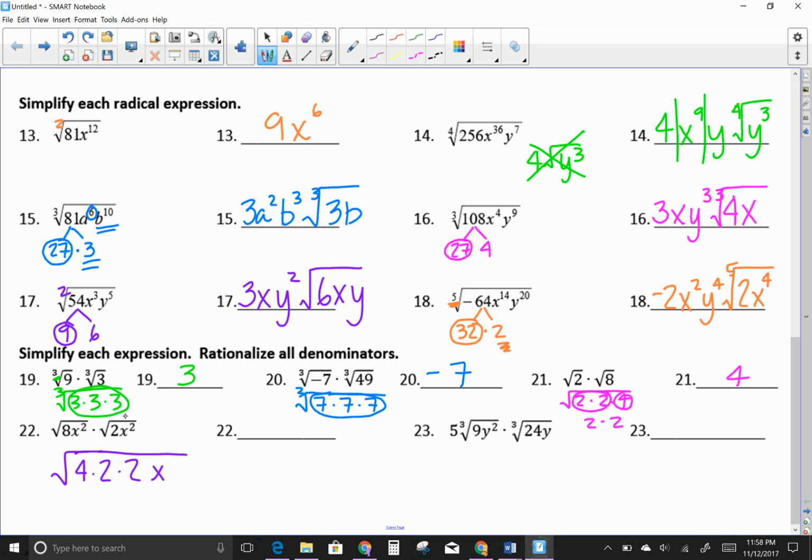People that mess this up didn't realize that you can bring this all together under the same radical. So 2 times 2, x squared and x squared means I have 4 x's. So that is a perfect square, and that is a perfect square. That gives me 2 times 2, and this is a 2. 2 goes into 4 2 times. So that becomes 4x squared. Okay?